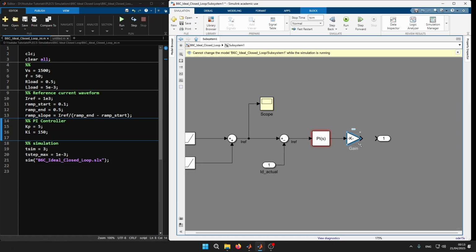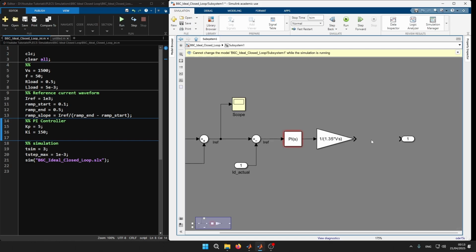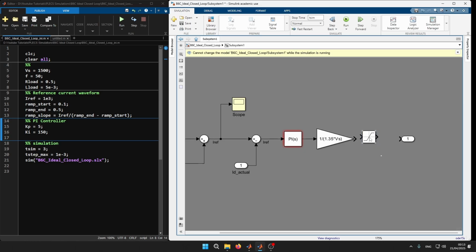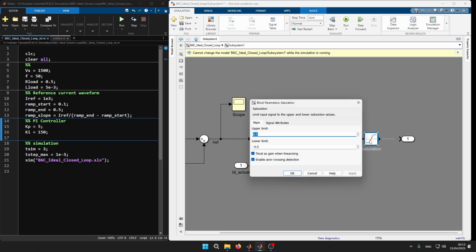I will zoom it so that we can see it better. And then we need to figure out the value of the alpha. So for that we need a saturation block. I'll tell you why it's needed. Just a moment. Because saturation.